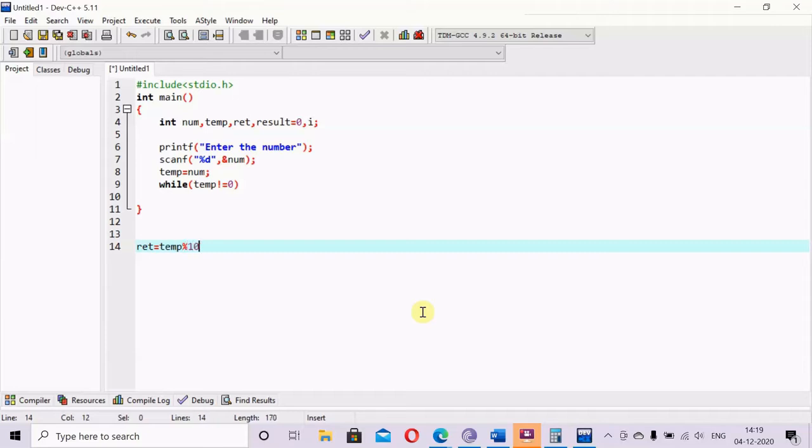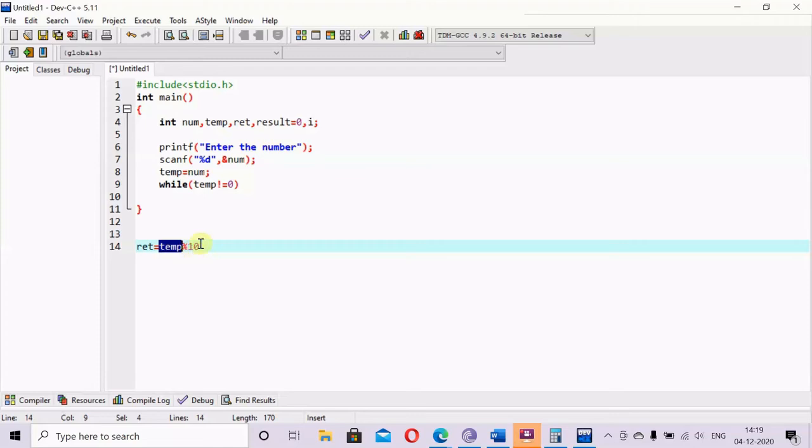So why do we have to use this thing? What is the meaning of this line, temp? So temp is the value, and this value is modulo with 10. That means I need its remainder. Remainder, I just forget the Hindi word, that is the bhagshesh, I don't know, that is the remainder.